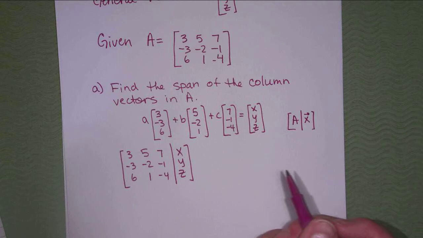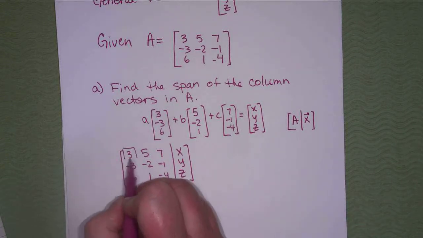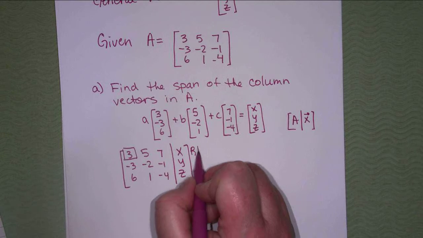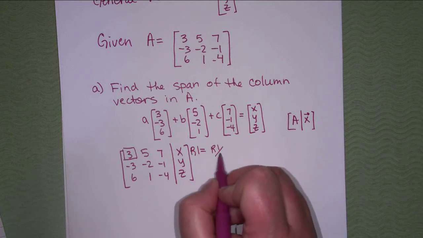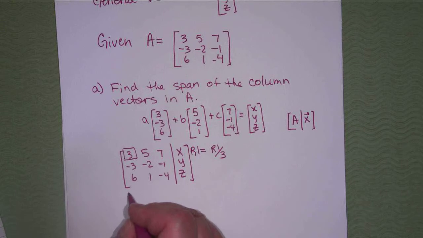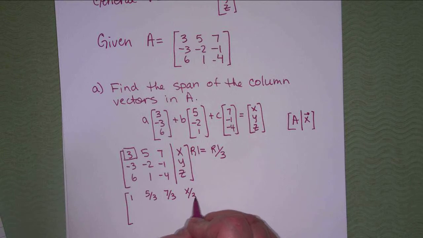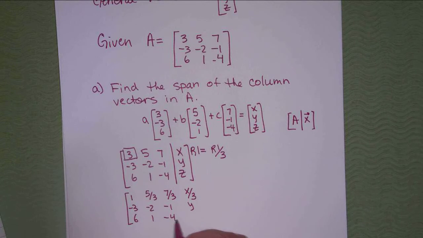So this one is not very nice, but we want a 1 in this top corner. So row 1 is row 1 divided by 3. Okay, and now we want zeros.